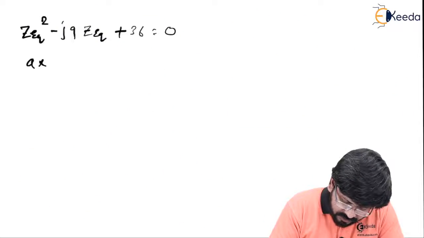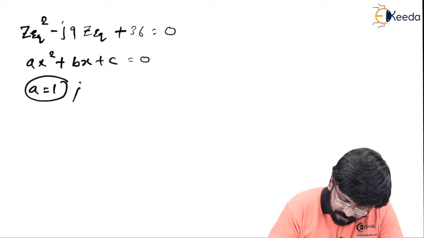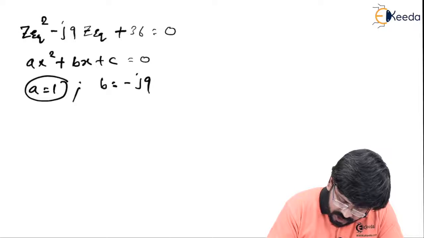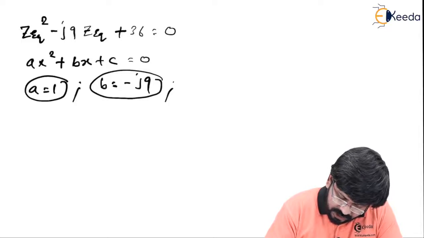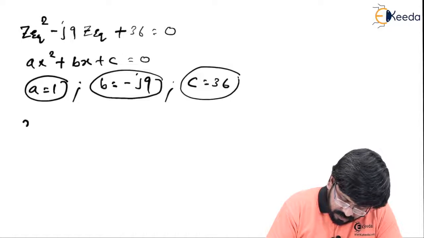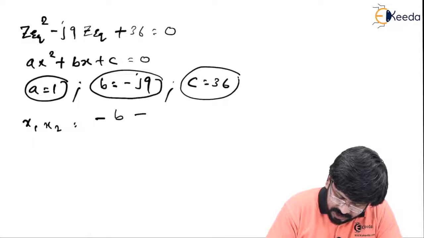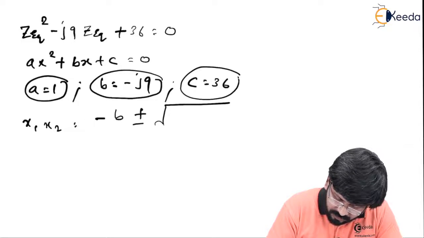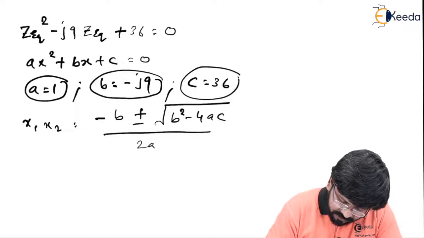If you compare this with ax square plus bx plus c equal to 0, by comparison you will get a equal to 1, b equal to minus j9 and c equal to 36. So you know x1, x2 values are given as minus b plus minus under root of b square minus 4ac, whole divided by twice of a.